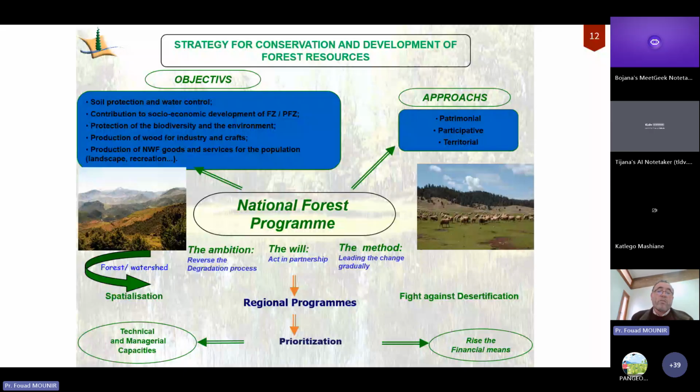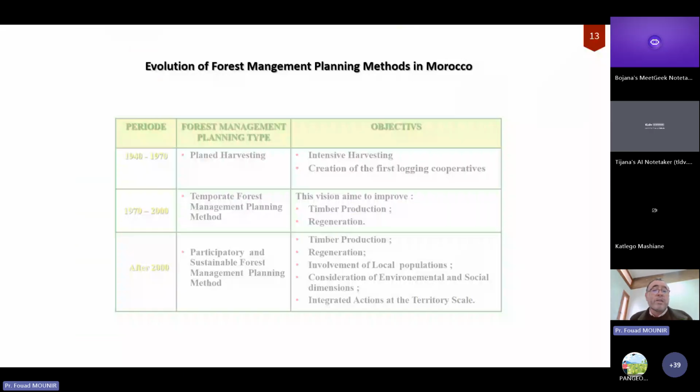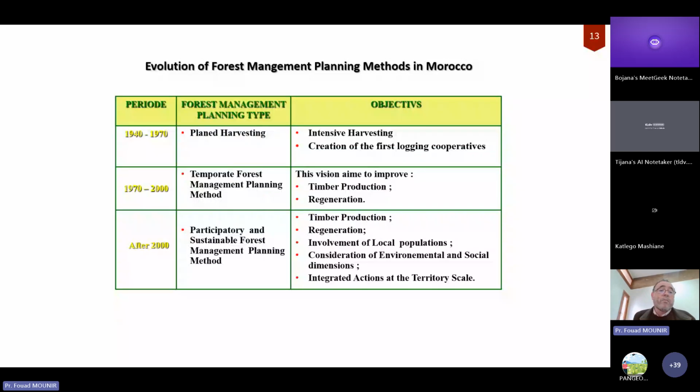For this, I just want to give you a glimpse about the evolution of the forest management techniques that have been applied, starting from 1940 to 1970. The main methodology was planned harvesting because the population was very low at this time, and the objective of these methods was mainly intensive harvesting and the creation of the first logging cooperatives.